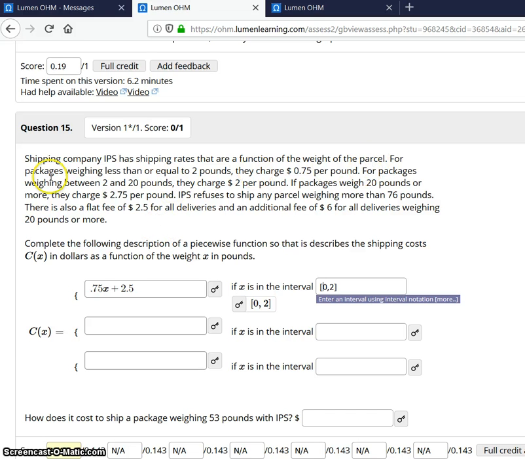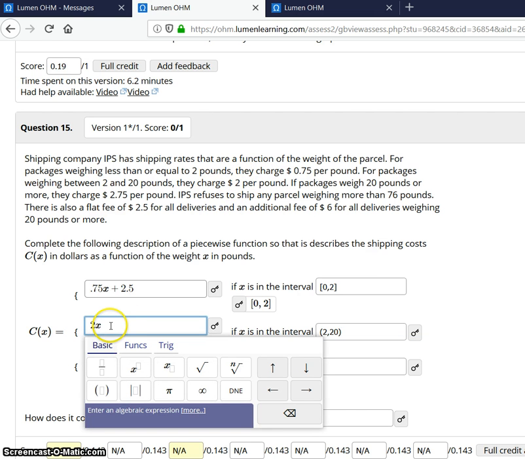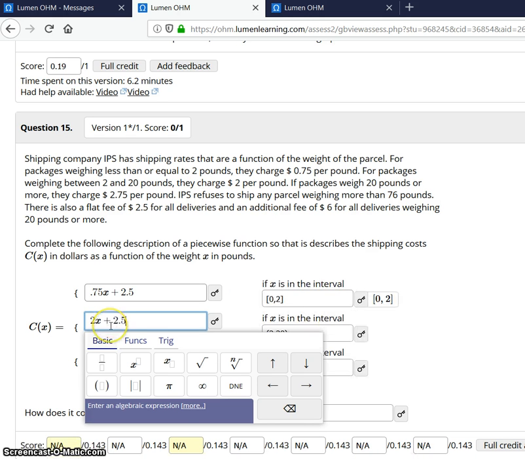On the other hand, for packages between 2 and 20, so that's what they're telling you here, between 2 and 20, it doesn't say equal to 2 and 20, so I think we want that. They charge $2 per pound, so that's going to be 2x, plus we still have the $2.50 flat rate.